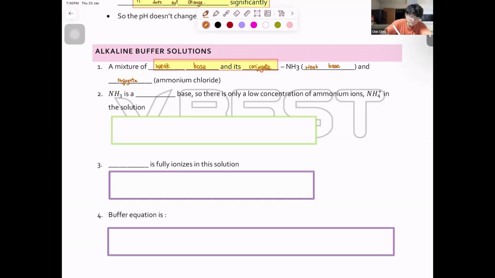Okay, next. NH3 is a weak base, so there's only a low concentration of ammonium ion.